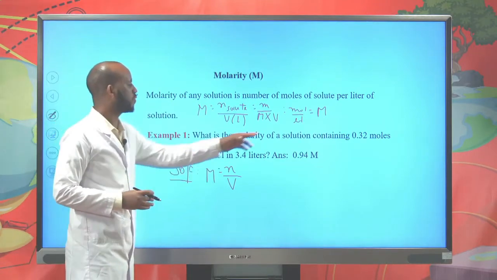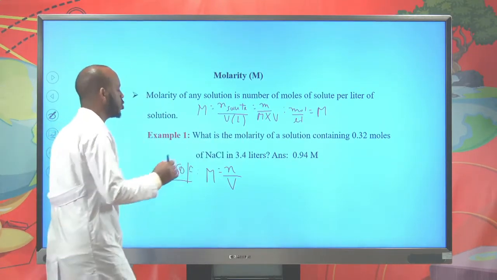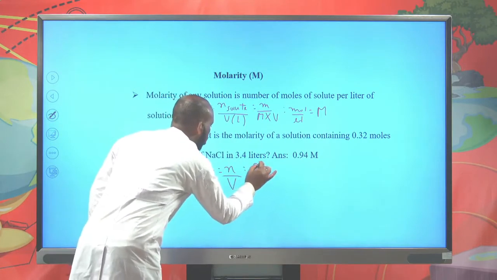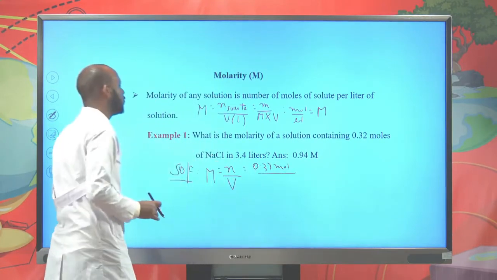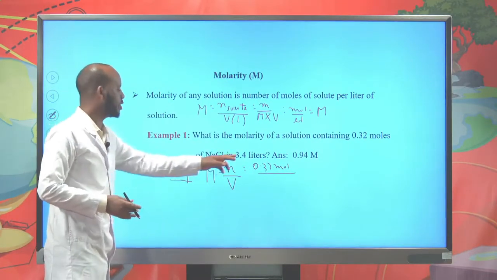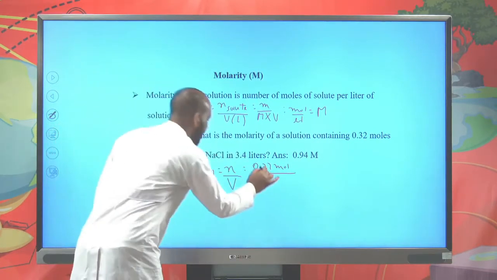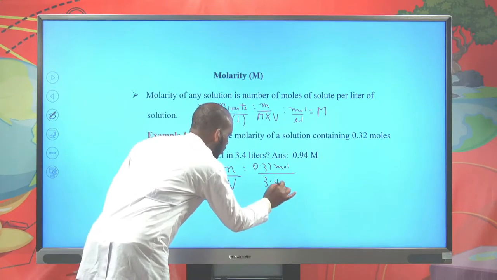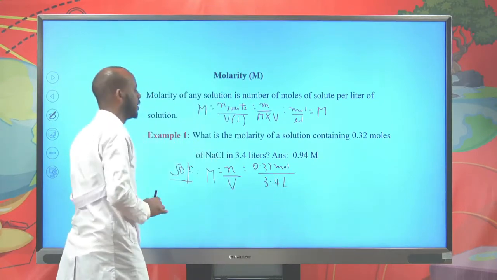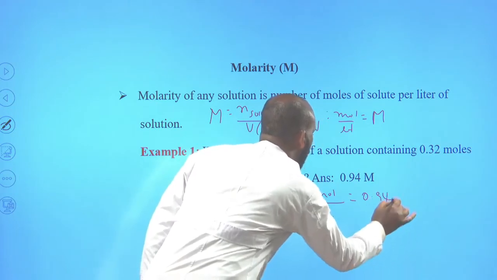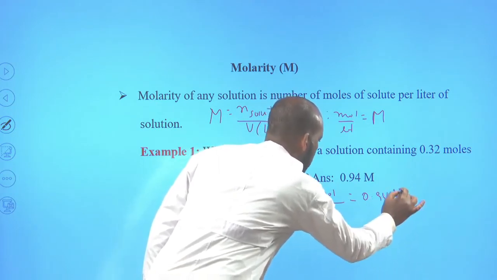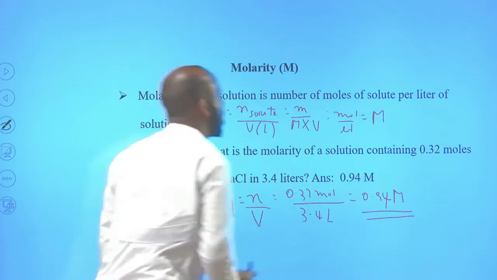Number of moles of solute is 0.32 moles, divided by volume of the solution, 3.4 liters. This is 0.94 mole per liter, which is known as molar, capital M.